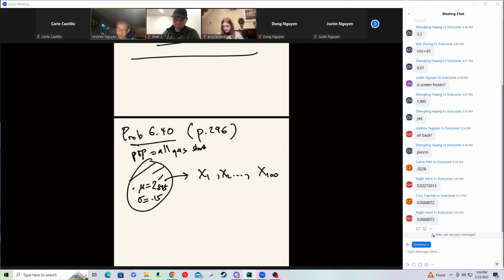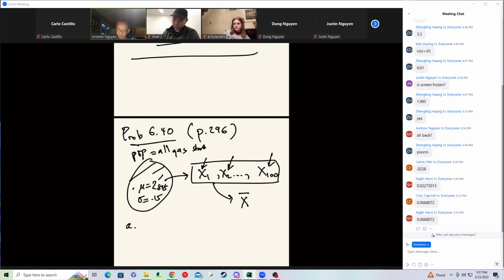And then from here, I want to look at the sample mean, right? What is your cost for 1 gallon? I look at the cost for 1 gallon of this second station. I look at the cost of 1 gallon of gas for the last station. And then I look at the sample mean, add them up, divided by 100, the average.